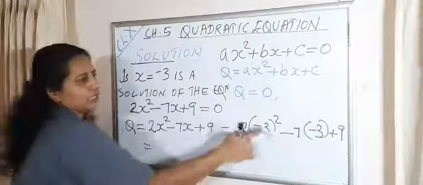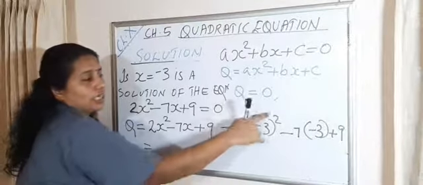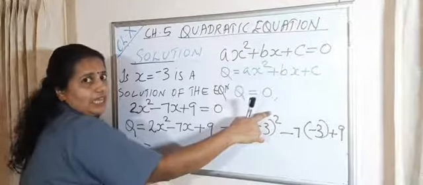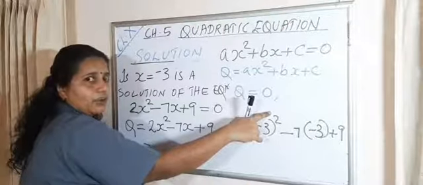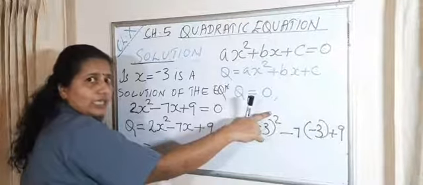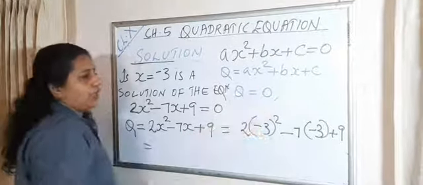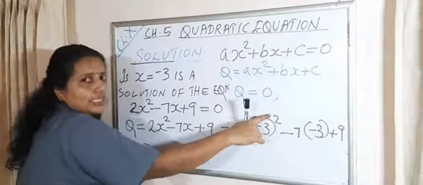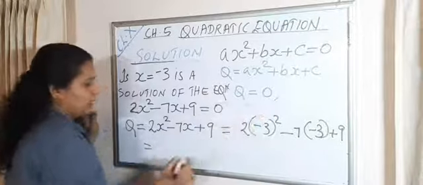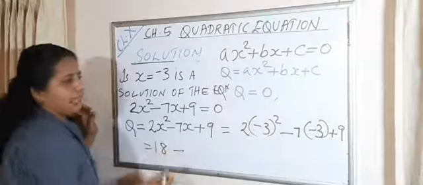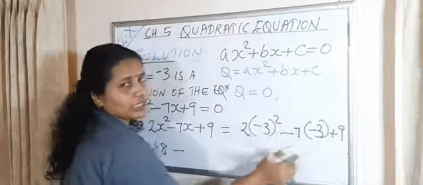Then 2 into negative 3 square, negative of negative is positive. Otherwise you can check, if the power is even, then negative will always become positive, and if the power is odd, negative will always stay negative. So here the power is 2 and it is an even power. So it is positive. 3, 3, 9, 9, 2, 18. Minus negative of negative is positive. 7 into 3 is 21.